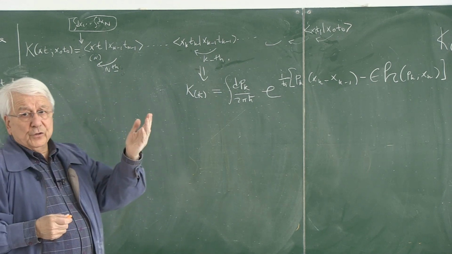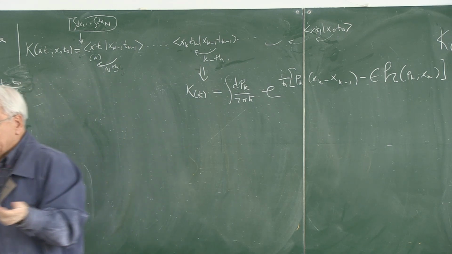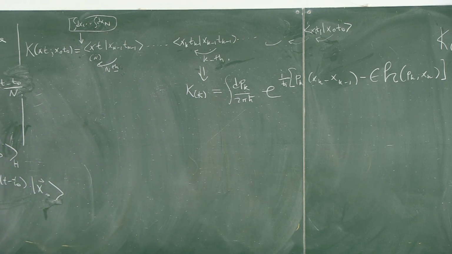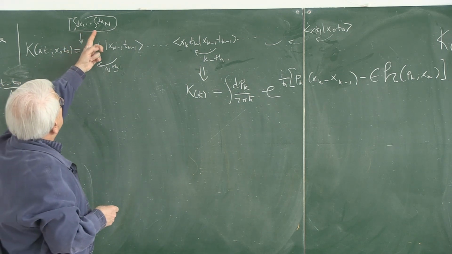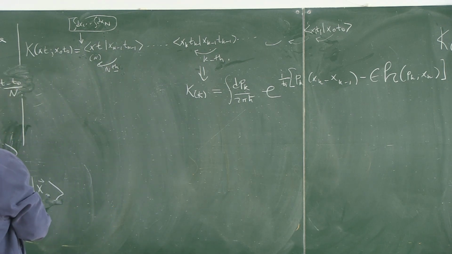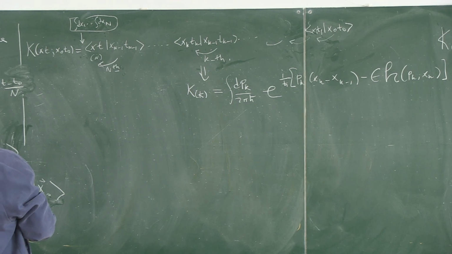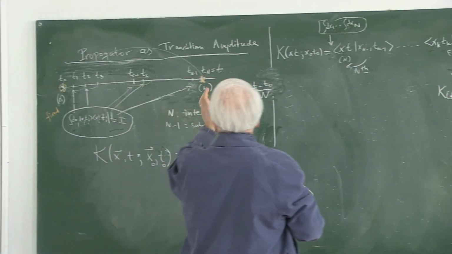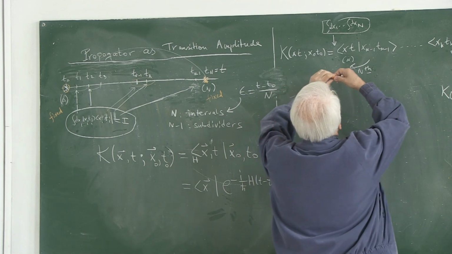Then what we have to do is put all these together in that expression. So in addition to n of those integrals, actually n minus 1 of those integrals, correct? Because they are at each subdivider.